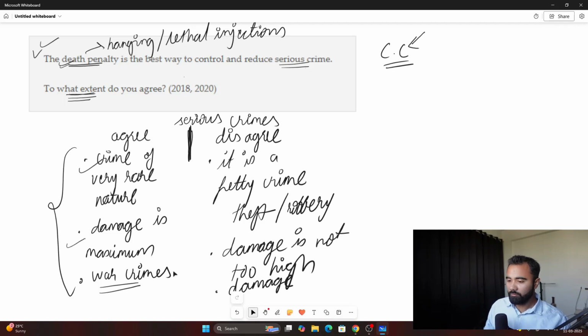Damage is damage to environment. And in both these body paragraphs you can mention examples.